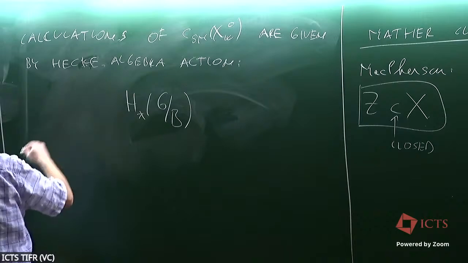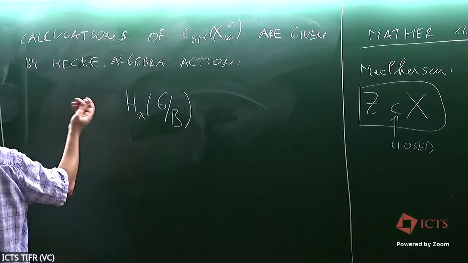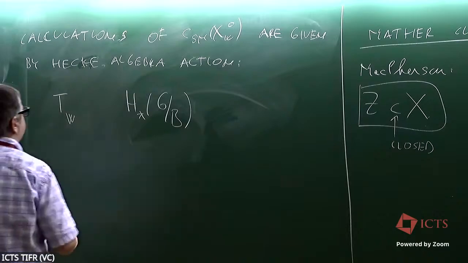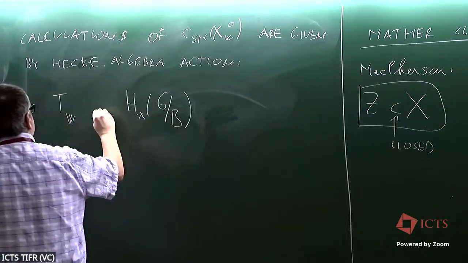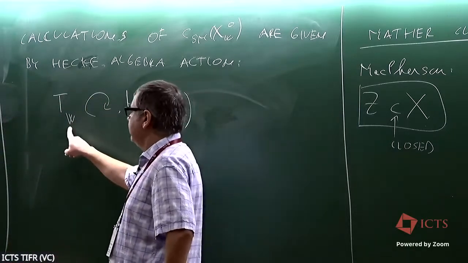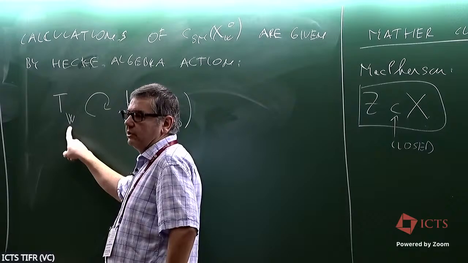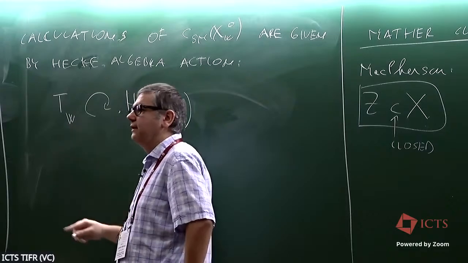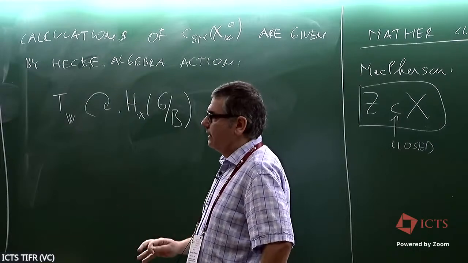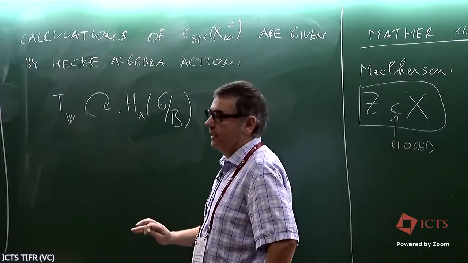That Hecke algebra action has the standard basis, which is given by some elements T_w. So these T_w act here. Normally I should tell you how the T_i, the ones corresponding to the simple reflections, act. And there is a very nice formula for that. It's given in terms of certain Demazure operators and the right Weyl group action here. But I'm not going to write it.